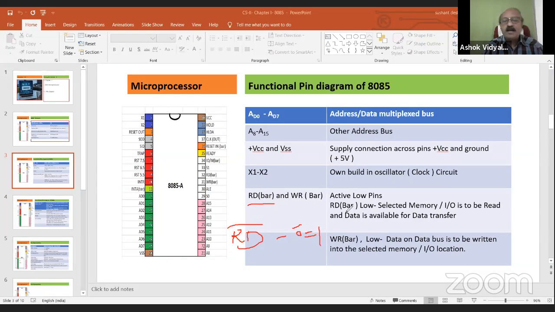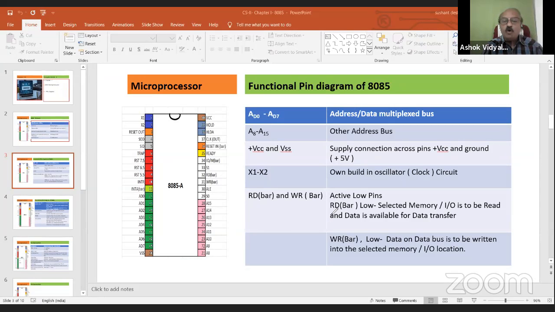Now, when RD bar is low, the selected memory or IO is used to read the data. So what should be the status of this RD bar? The status of RD bar should be low.